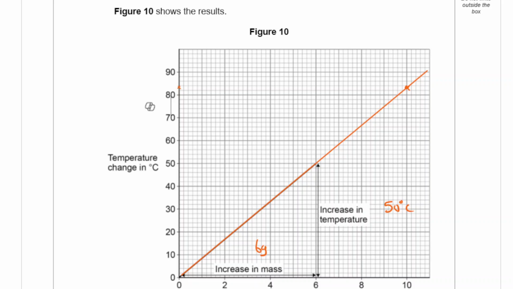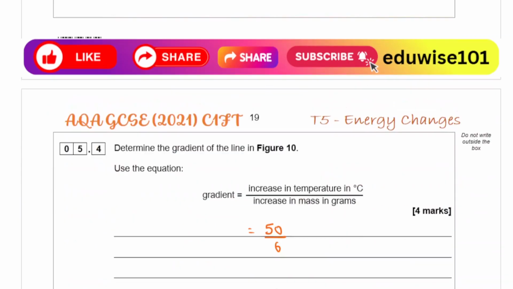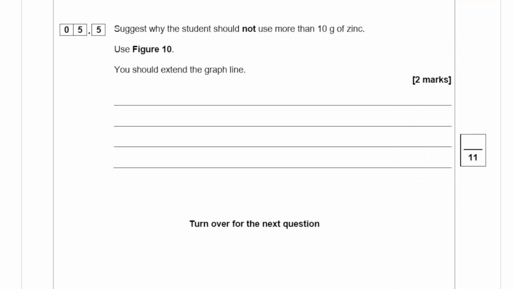So you should draw over the line up to 10 grams. So the temperature would increase to 84 degrees Celsius, right?